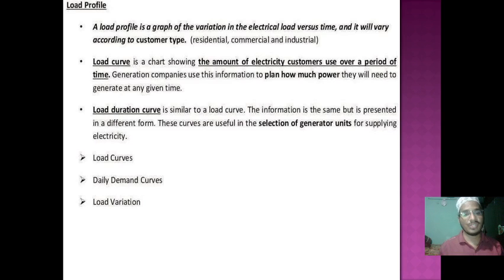Inside the load duration curve there are three terms: load curve, daily demand curve, and load variation. With these three terms we consider the load duration curve for the selection of generator units for the supply of electricity.